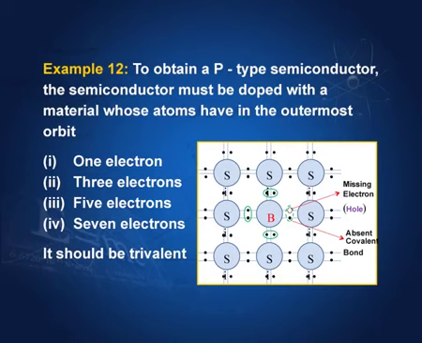So, this is a missing electron which is a hole, and these are covalent bonds when trivalent impurity is introduced. This is p type semiconductor, and here to obtain a p type semiconductor, the semiconductor must be doped with a material whose atoms have in the outermost orbit how many? 3 electrons, because this is a trivalent impurity like boron.